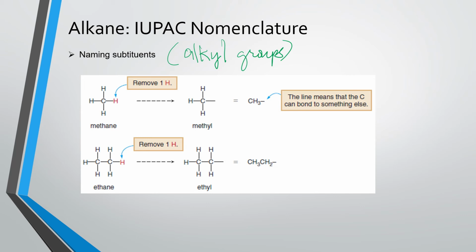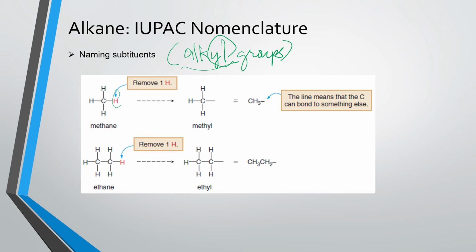Pag sinabi nating alkyl, alkane siya na kulang ng isang hydrogen. Kasi, yung bond na yon nakibond sa whole structure of the chain. Kumbaga sa methane, tanggalin mo yung isa, so available na yung bond na yun for bonding with others, call it methyl. Hindi na siya methane. Pag dalawa naman, di ba, ethane.